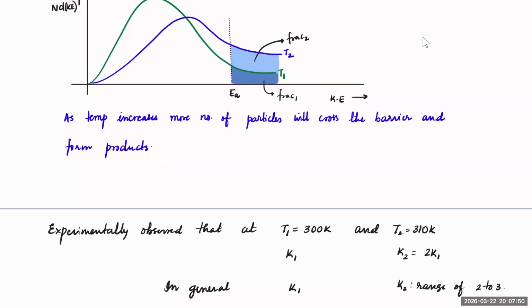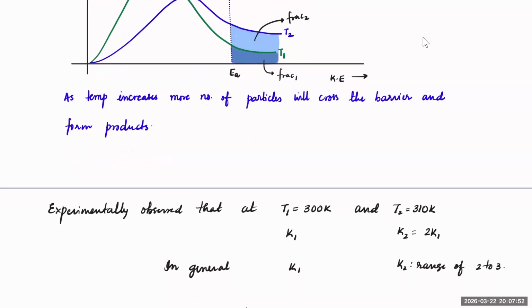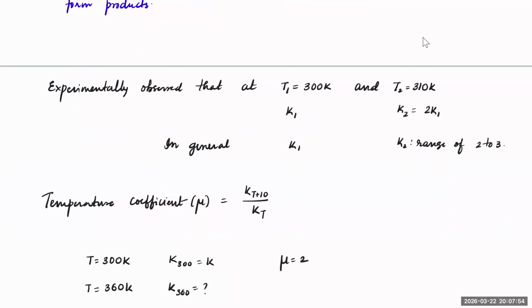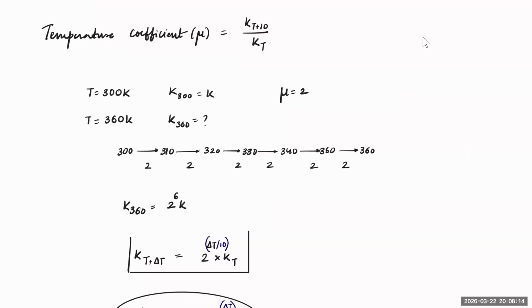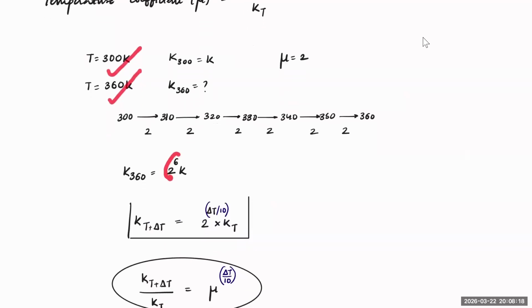So using this graphical fact, we understood that in most cases, if the temperature difference is 10 units, then the increase in the rate would be 2 to 3 times. And that amount of increase of rate is what we call the temperature quotient. Got it? So you can see for 300 to 360, we learned that it will be raised 2 to the power of 6 times.